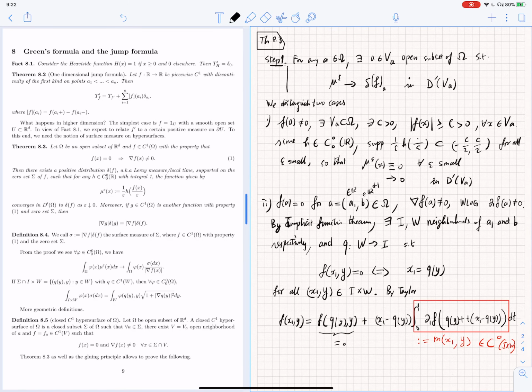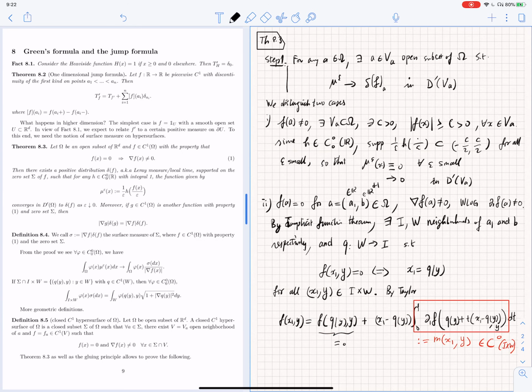Wait a minute, here y doesn't change. I forgot to put a little y for the second variable in here. It doesn't matter. F is a function of d variables, and this is only real valued. I forgot to put a y over there. It doesn't change anything, but there's a y.